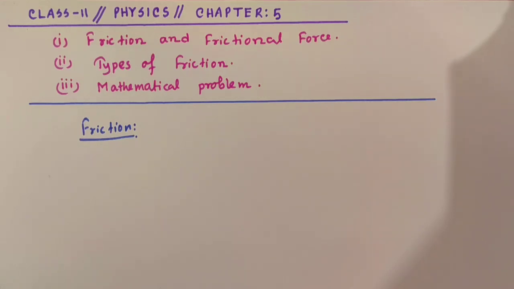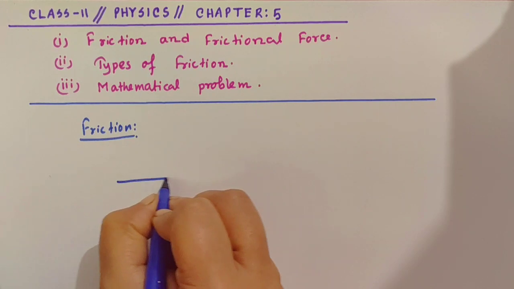I repeat, when a body moves or tends to move over the surface of another body, a force comes into play which acts parallel to the surface of contact and opposes the relative motion. This opposing force is called friction.